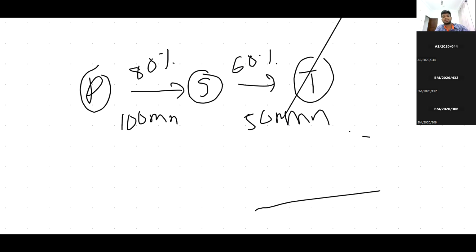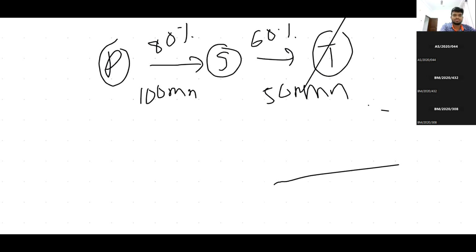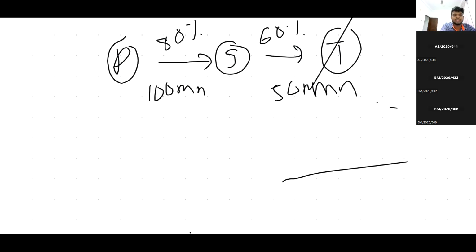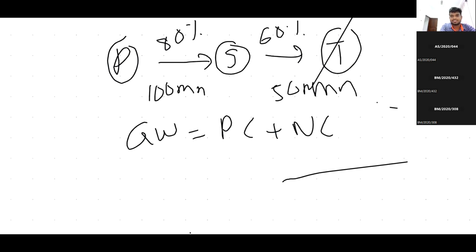So how do we normally calculate the goodwill? When we write the goodwill equation, goodwill is purchase consideration plus NCI minus fair value of net assets. In the cost of control account, purchase consideration and NCI are on the debit side and the fair value of net assets on the credit side, the same thing.